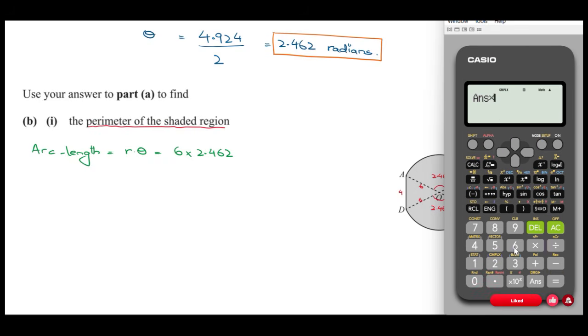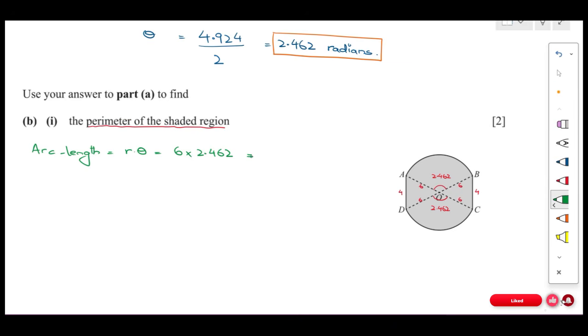You just multiply it by 6, which is 14.77. Let me double check. Yeah, 14.77. This arc length is 14.77. This arc length is also 14.77.